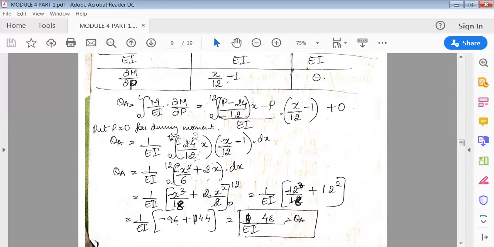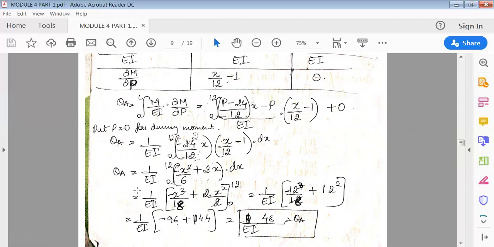So now put P is equal to 0 for the dummy moment. Okay, put the value of P. P is equal to 0 for the dummy moment. So strike off this, and then simply you need to calculate the rest. So this would be 24 divided by 12 into X minus 24 divided by 12 into X. Then P is 0, X by 12 minus 1.